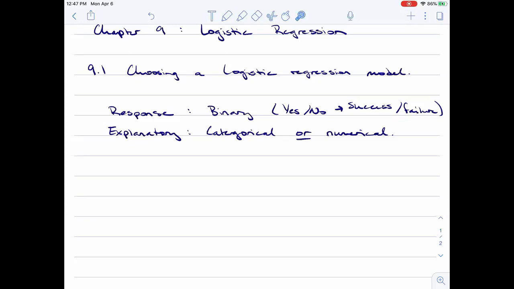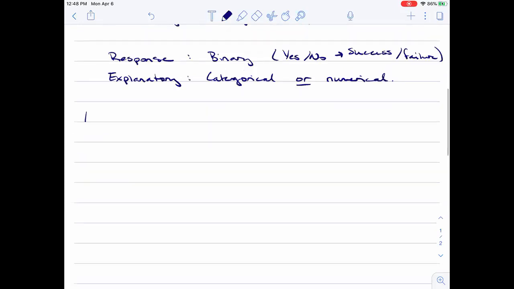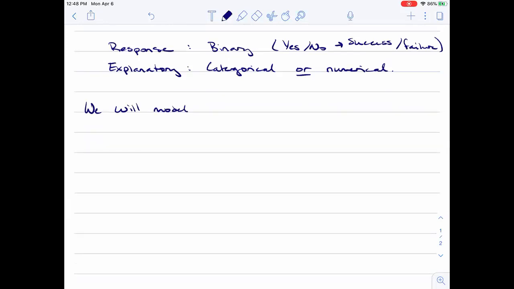What we're going to be modeling is the probability of success, so we'll have some number of successes over our total. We will model the proportion, but remember proportion, probability, percentages, those are all the same thing.